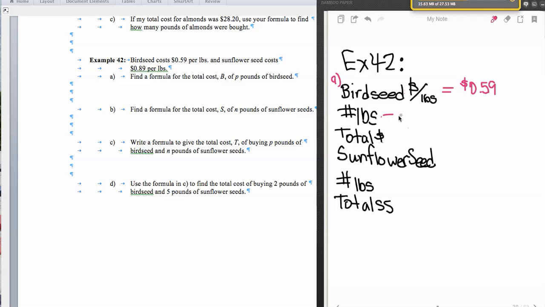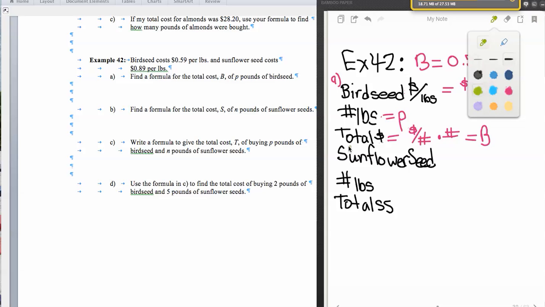And then the number of pounds that we're going to buy of birdseed, that's going to be P. And then the total value of that would be our dollars per pound multiplied by the number of pounds, and that is going to give us our total value, which we're going to call capital B. So our equation for capital B is going to equal 0.59 times P. So there's our equation for birdseed.